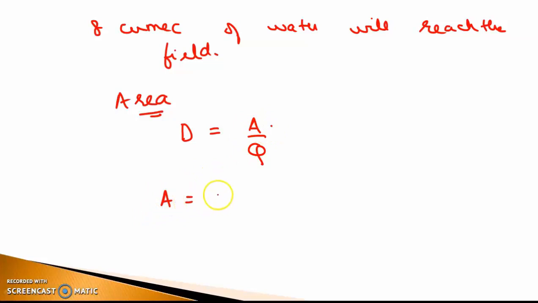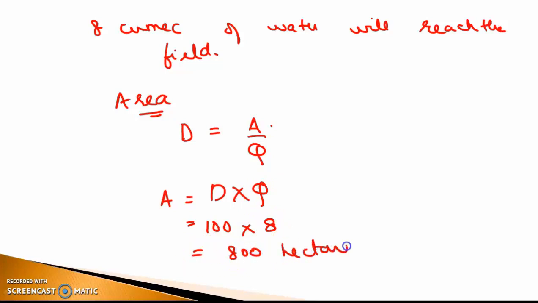So area is equal to duty into discharge. Here we have our duty as 100 and we have discharge as 8 cumec. So the final answer will be 800 hectares. So this is the total area which will be irrigated if a supply of 8 cumec reaches the field.